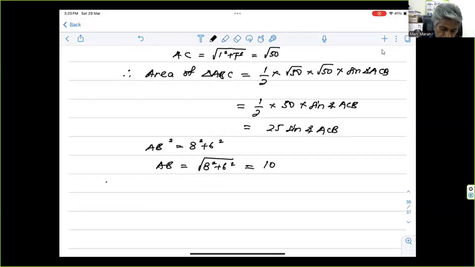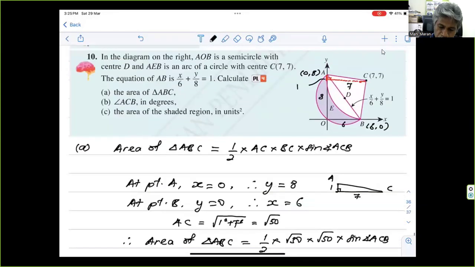Okay. Therefore, cos of angle ACB, the cos of the angle will be given by AC square plus BC square minus AB square.